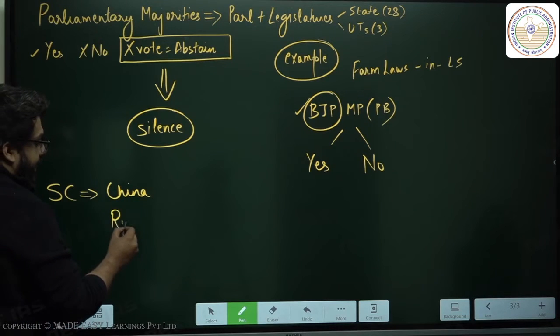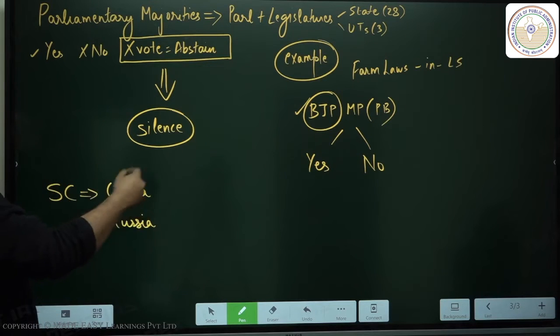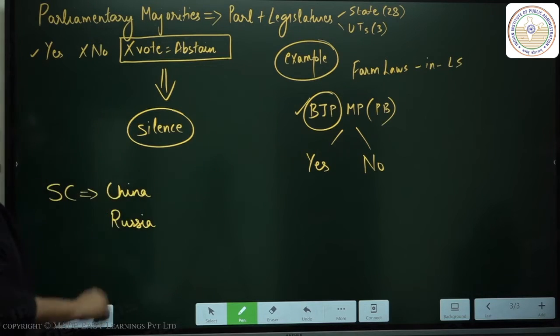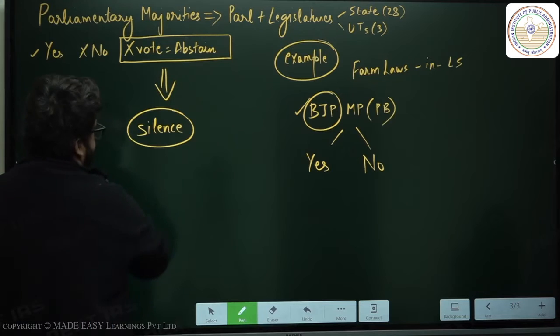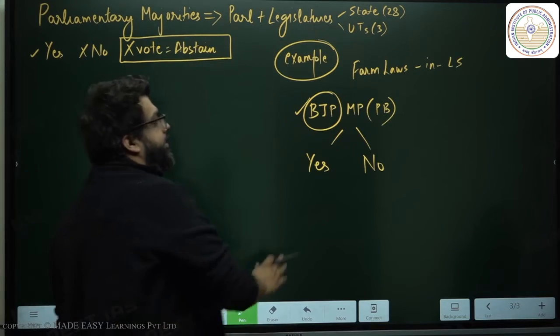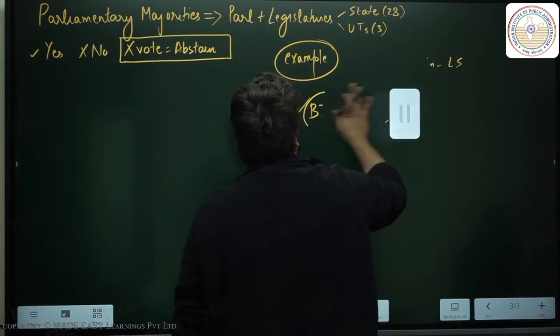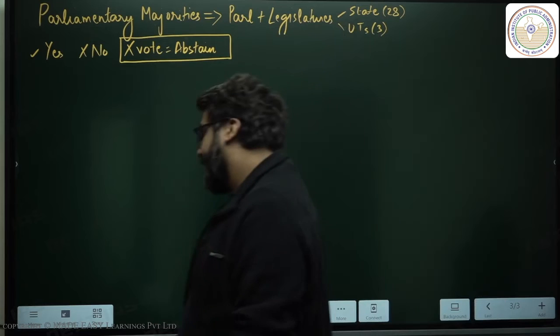Or Russia, a lot of times, abstains from votes against, say, Iran or Iraq for that matter, because of some bilateral partnerships. So we are clear with this? This is why you have the powers to vote yes or no, for that matter.